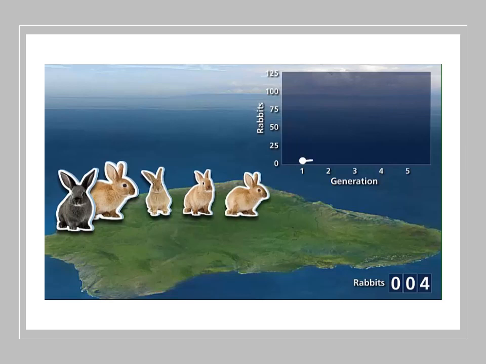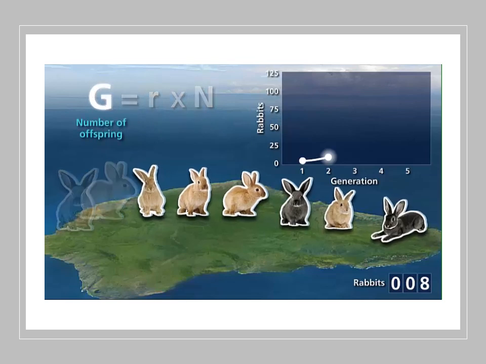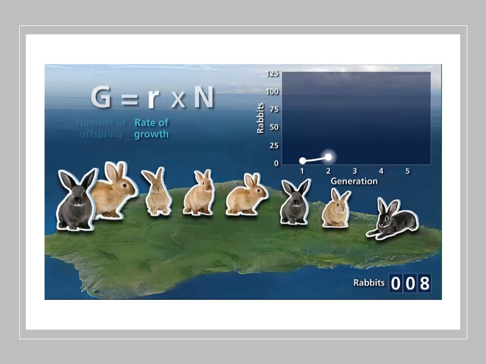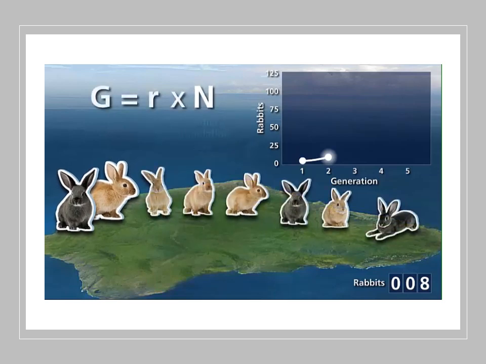Let's look at the exponential growth of this population mathematically, starting with one mating pair. The exponential curve follows the equation G equals R times N, where the number of offspring, G, will be equal to the rate of growth, R, which in this case is 3 rabbits per adult, times the initial population size, N, or 2. So in this example, G is 6, because the rate of growth is 3 rabbits per adult, and there were 2 rabbits in the initial population.